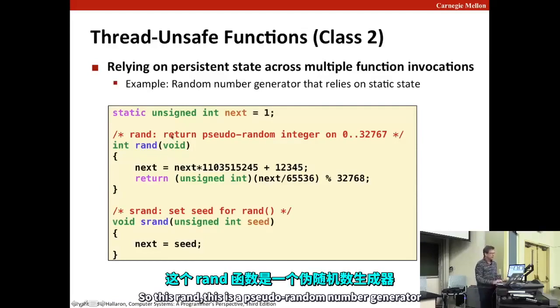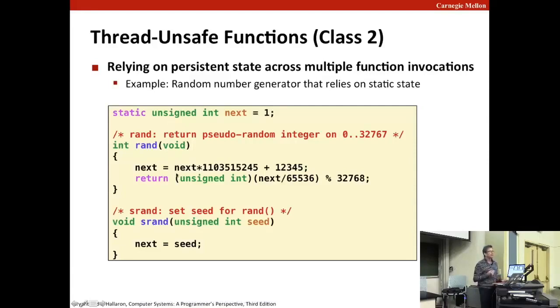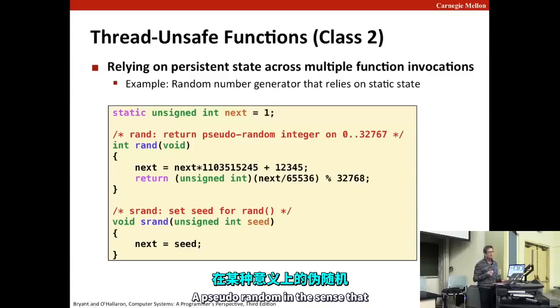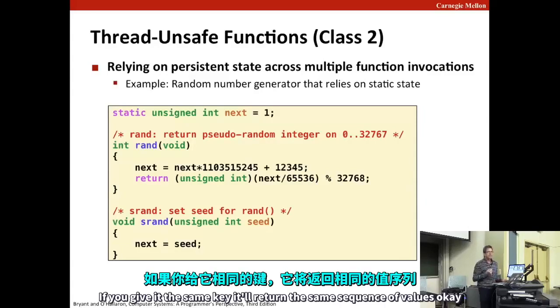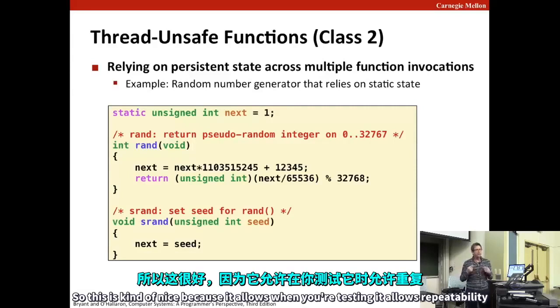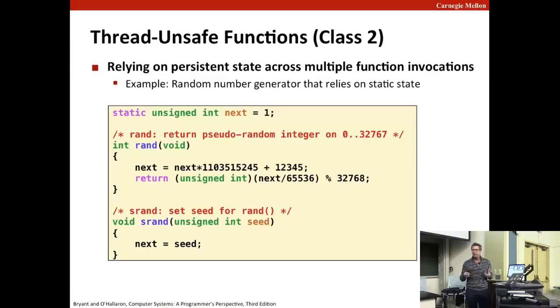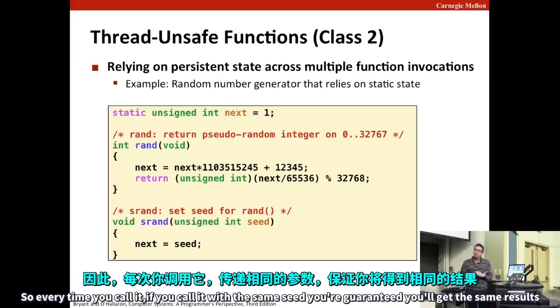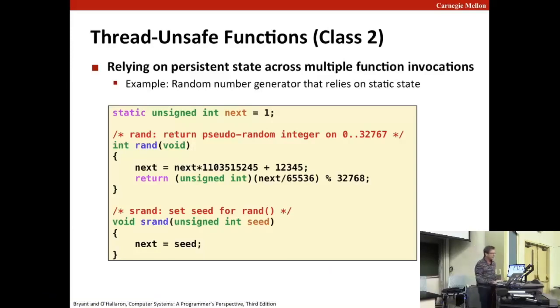This rand is a pseudo-random number generator. It's pseudo-random in the sense that if you give it the same seed, it'll return the same sequence of values. So this is nice because, when you're testing, it allows repeatability. Every time you call it with the same seed, you're guaranteed you'll get the same results.